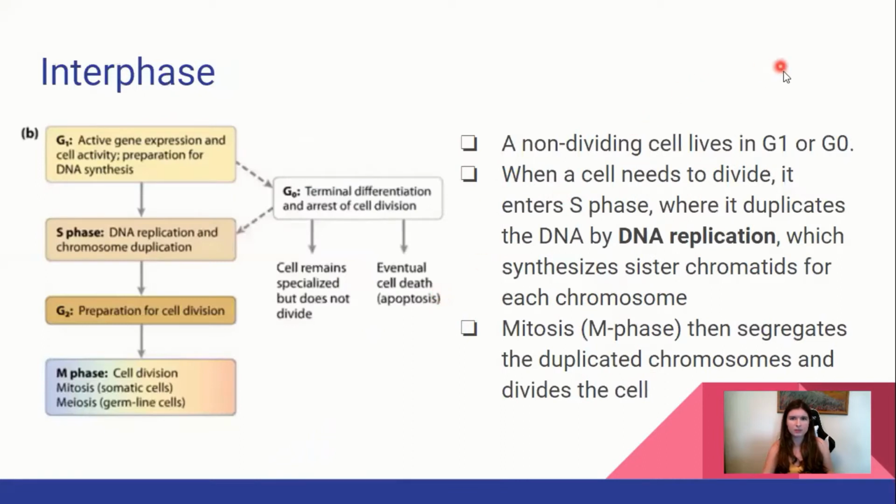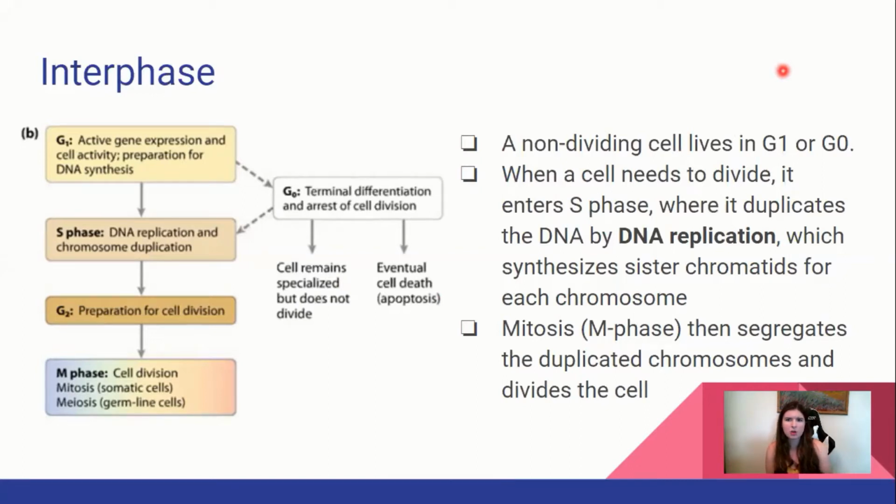Okay, so interphase itself is broken up into three parts because we need to have a couple of different things happen in order to be ready to divide if we decide that we're going to divide.